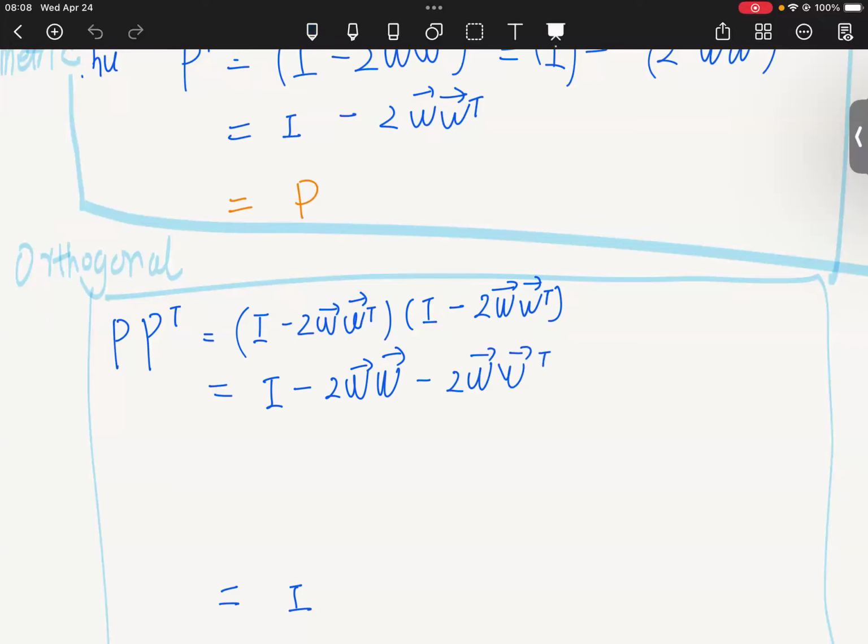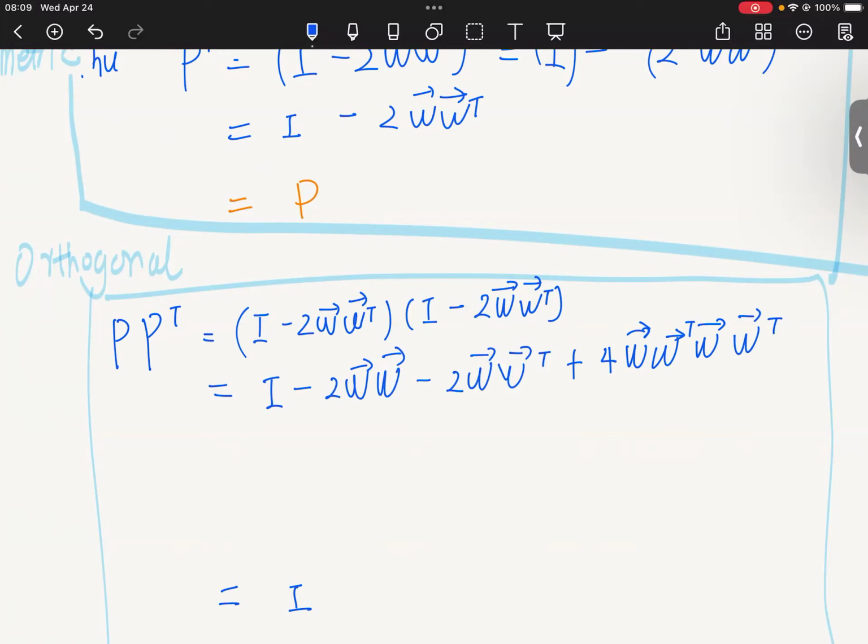The last item is negative 2W W transpose times negative 2W W transpose. So I get plus 4W W transpose W W transpose.